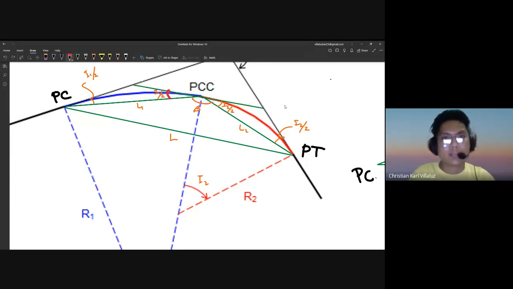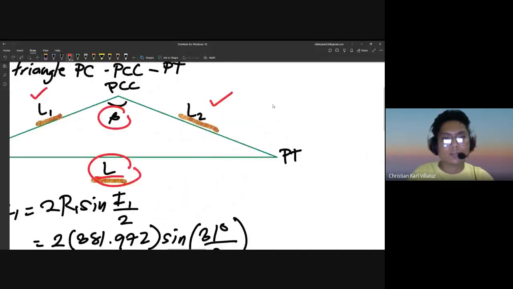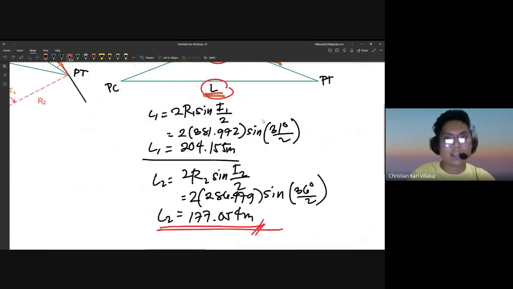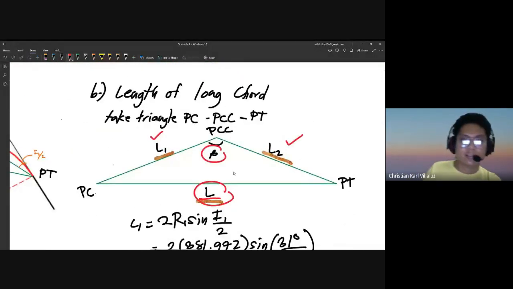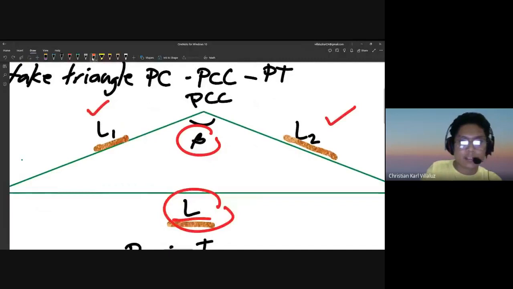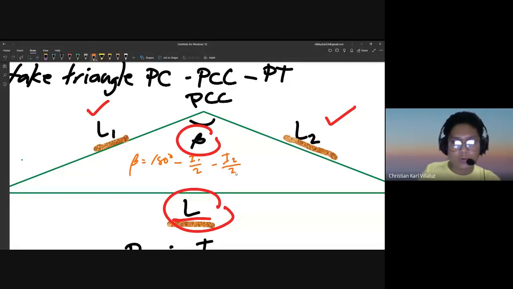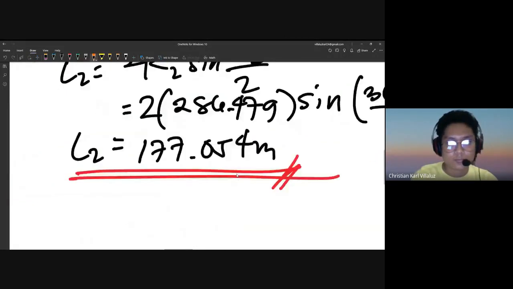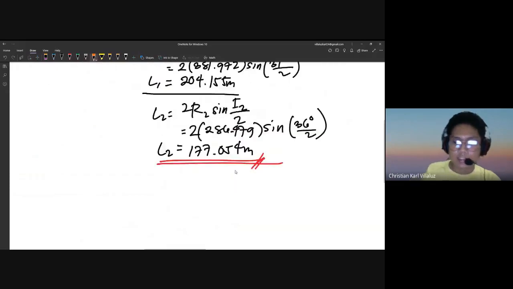Okay? Kung meron na din naman tayong I1 and I2, madali na lang hanapin itong beta by solving 180 degrees minus I1 over 2 minus I2 over 2. So, solve na natin, class.